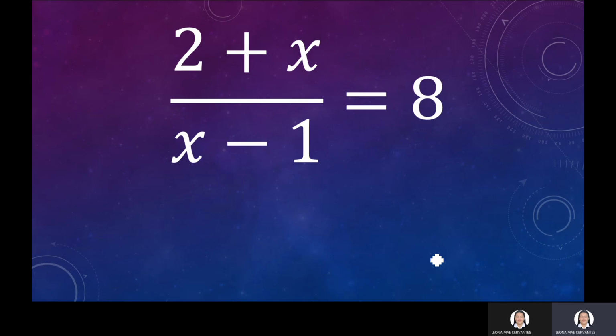Okay, so now let's try. 2 plus x over x minus 1 equals 8. Is it a rational equation, rational inequality, rational function, or none?